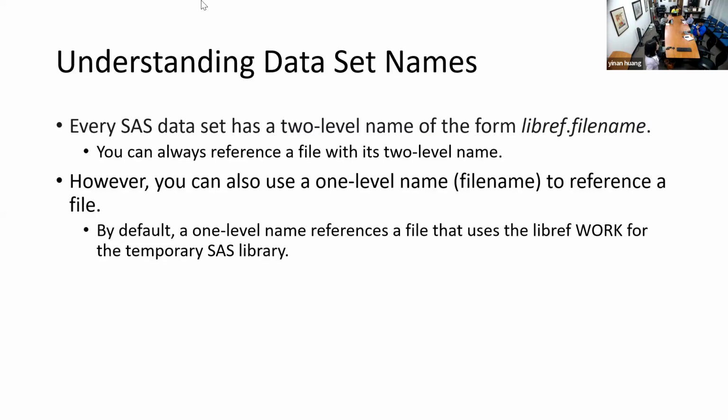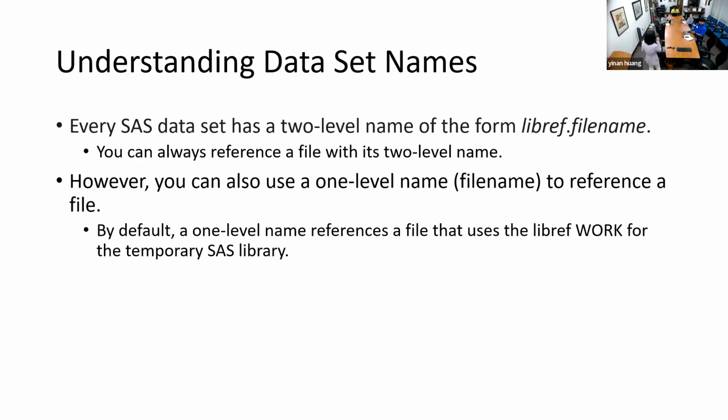So before talking about that, I want us to get familiar with the fact that each SAS data set has two levels to its name. This is its format: libref and file name.